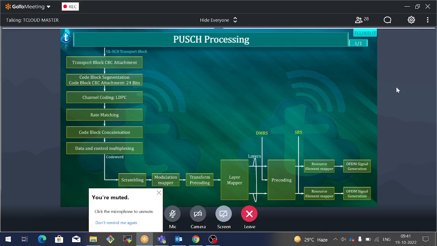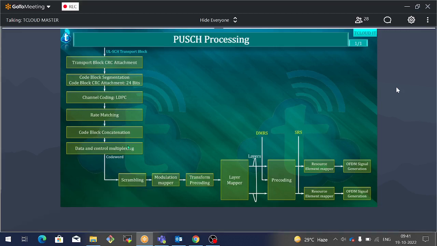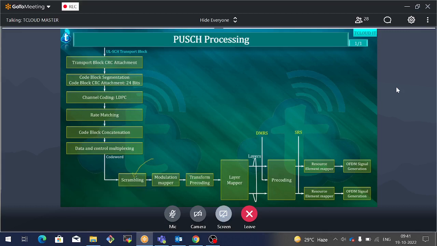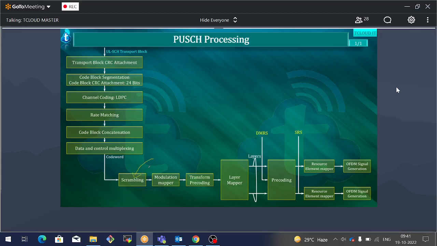Now the remaining processes are similar to the downlink operation. So we have the scrambling mechanism with the help of the scrambling sequence.